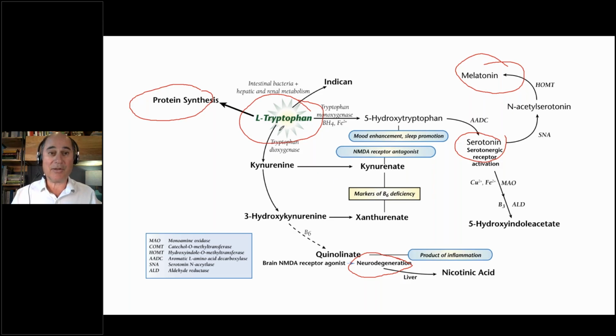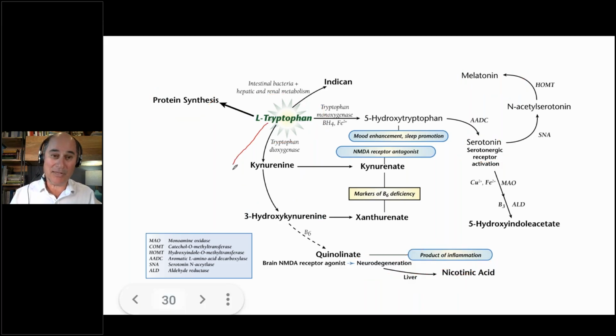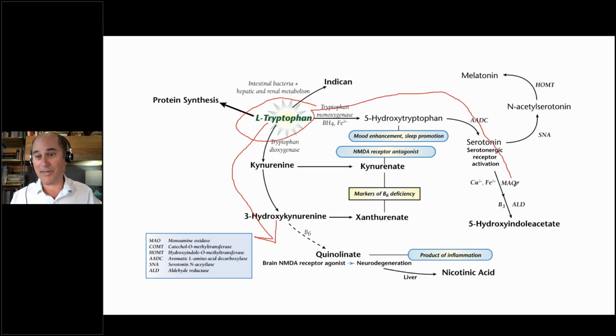You have to figure out, is tryptophan going down this way because of inflammation? That's what these lab markers are going to tell you. If tryptophan is going down this way because the person is inflamed, clearly there's going to be a depletion of tryptophan going this way to help make serotonin and melatonin.